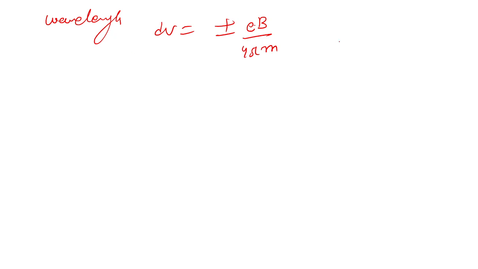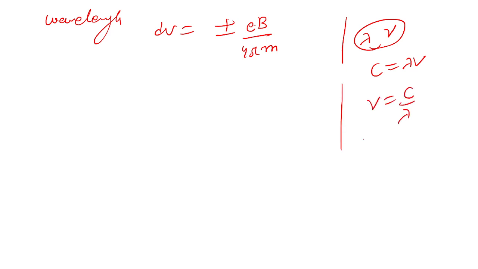Now we know the relation between wavelength and frequency: c equals lambda nu, so nu will be c over lambda. When we differentiate, d nu becomes minus c over lambda square d lambda.